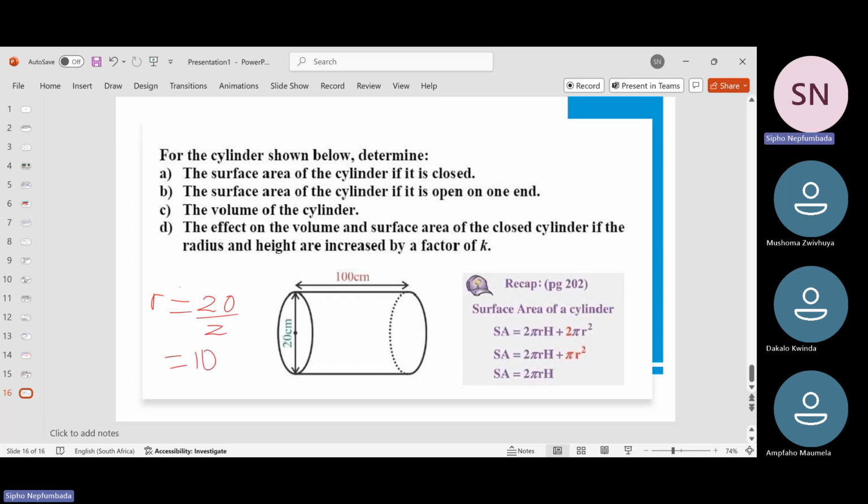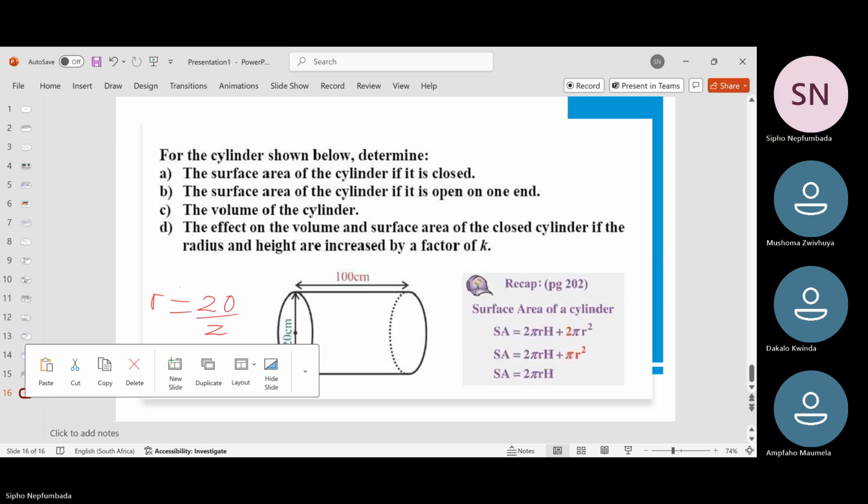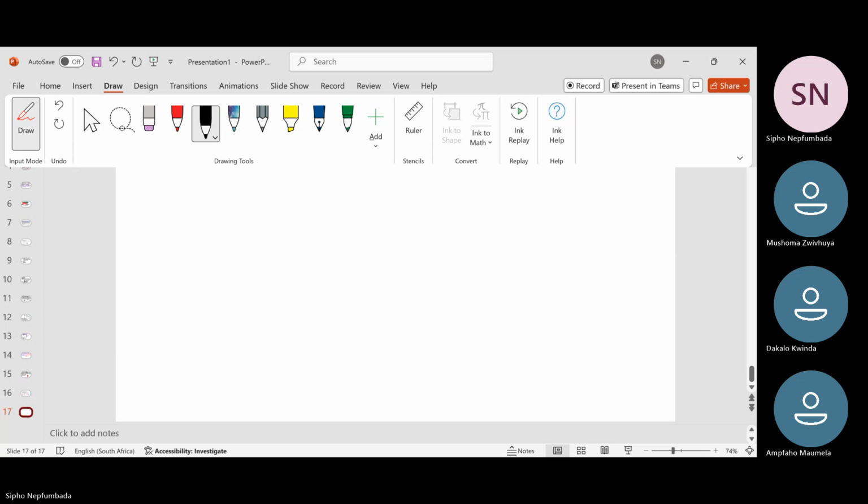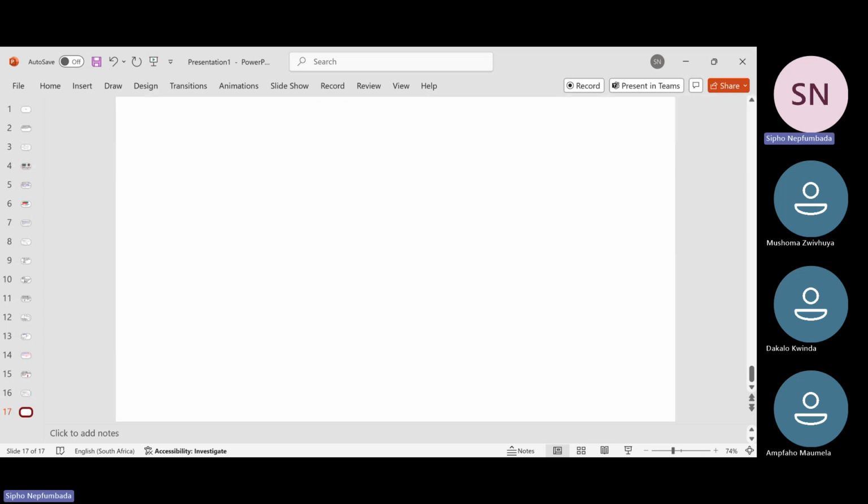Can we go to the next slide so that we can substitute everything? Yes. It is important to note that the diameter of the cylinder is 20 centimeters.